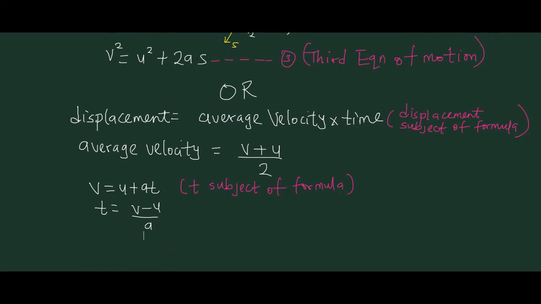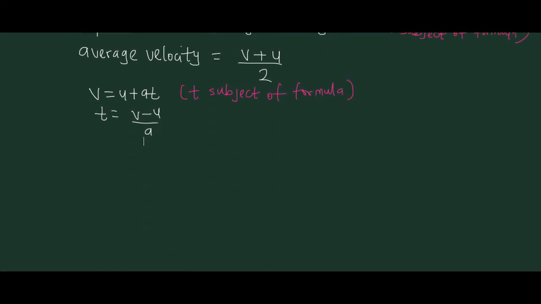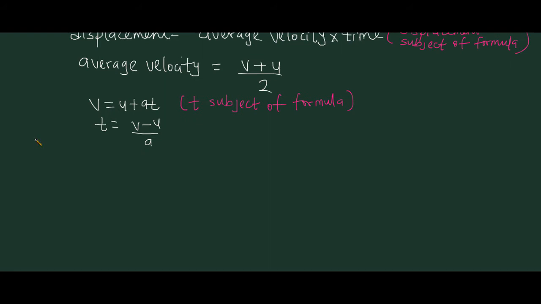So all we're going to do in this second method of proving the third equation of motion is come back to our displacement, which we represented with s. So s is equal to the average velocity, v plus u over 2, multiplied by time, and we have a relationship for time, which is v minus u all over a.